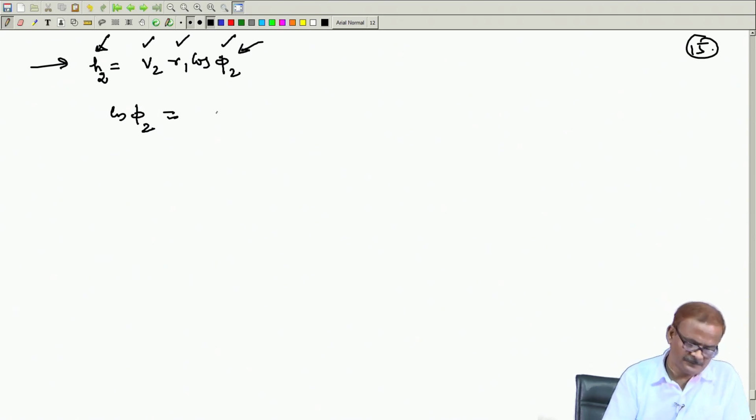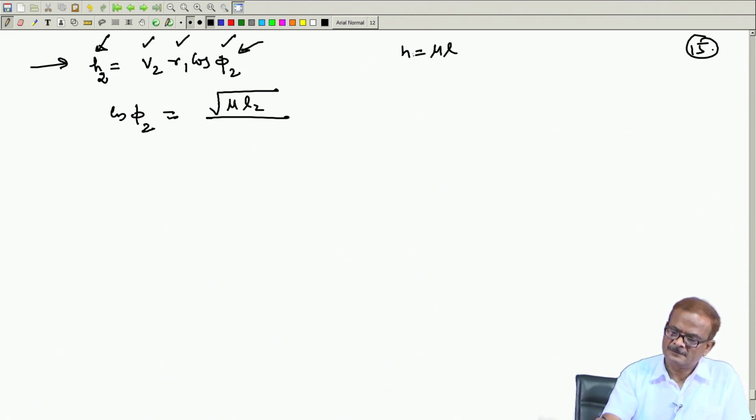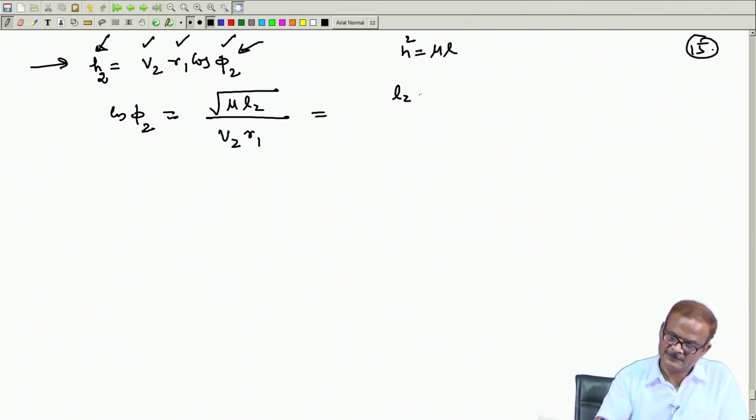So, cos phi 2 then becomes H 2, which is nothing but the square root of mu times L 2. H square equals mu times L. From there we put it over V 2 r 1. All these quantities we have already calculated, so once we insert those values, we will get the solution.